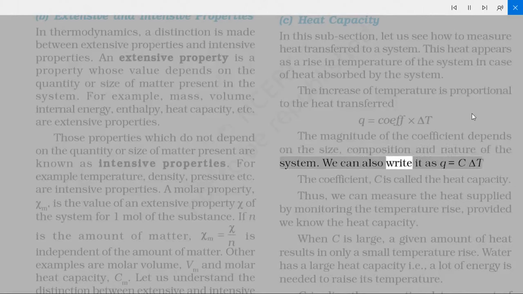We can also write it as q is equal to CΔT. The coefficient, C, is called the heat capacity. Thus, we can measure the heat supplied by monitoring the temperature rise, provided we know the heat capacity. When C is large, a given amount of heat results in only a small temperature rise.